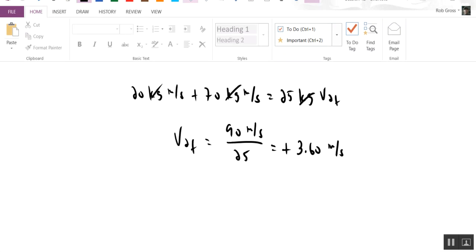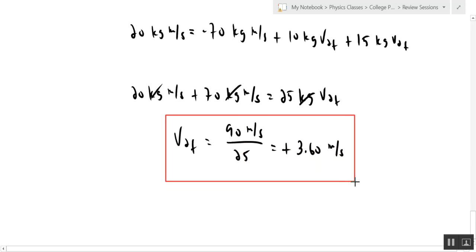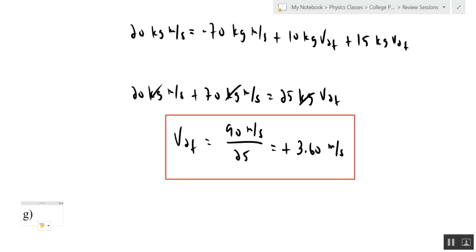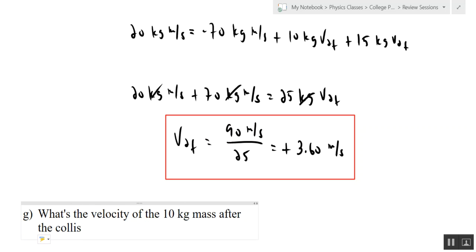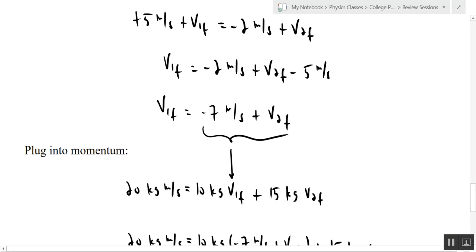While we're at it, let's ask for V1F. Now, V1F is pretty easy to find if you did all the work to find V2F. Does anyone have an answer first? Well, you can use this one, right?